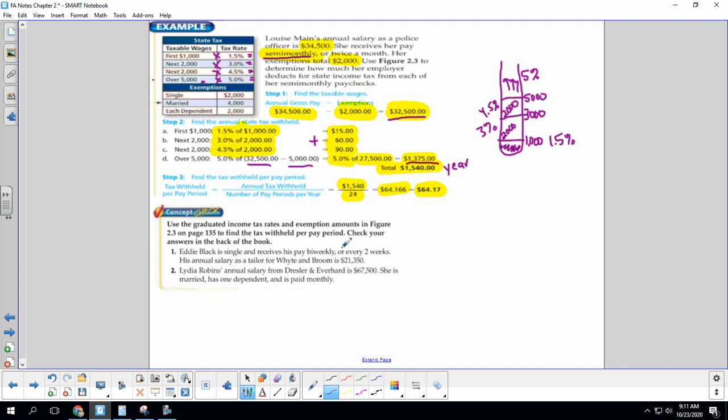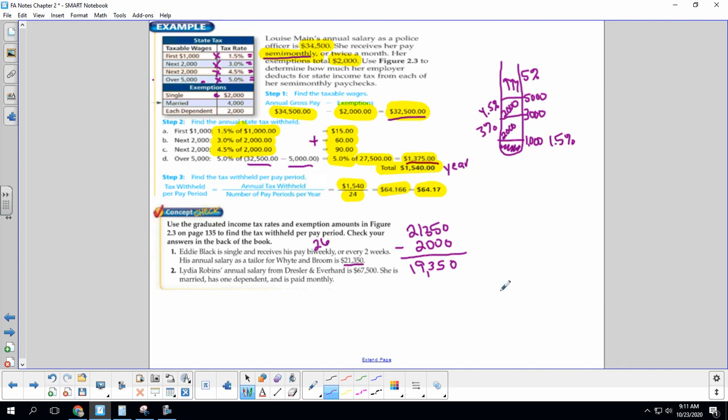So Eddie Black is single and he receives his pay bi-weekly, and just to remember, bi-weekly is 26, or every 2 weeks. His annual salary is $21,350. So he is going to get an exemption for being single. So the $21,350 minus the $2,000 for exemptions. So he is taxed on $19,350.